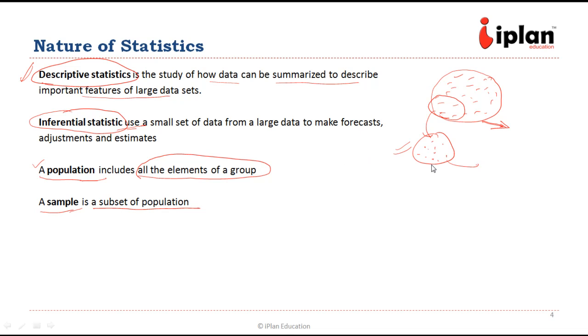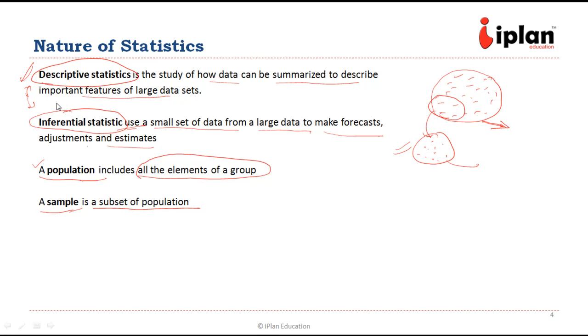We need to have sample statistic from which we try to estimate the features of the population. So it uses small set of data from large data to make forecast, adjustments, or estimates. This is the broad difference between these two branches of statistics.